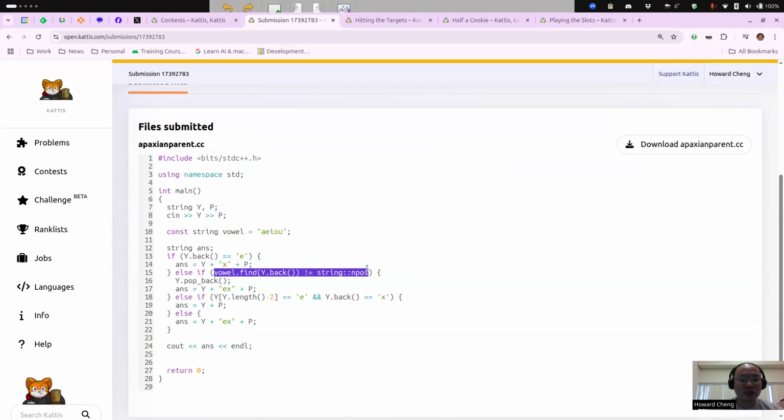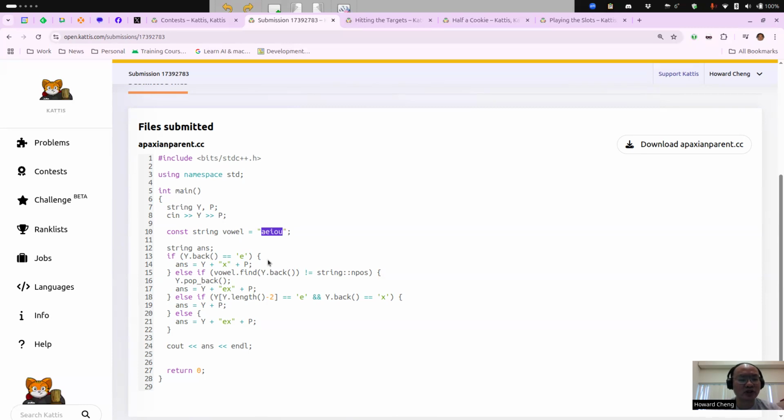And then I'm going to use string search. I'm going to look at the last character of Y, so Y dot back. In any container, dot back is the last item in the container. So Y dot back is the last character. So I do a string search of the character Y dot back, and I ask, is the character inside the string? In other words, is it one of these vowels? This is a way for me to easily figure out if it's a vowel.